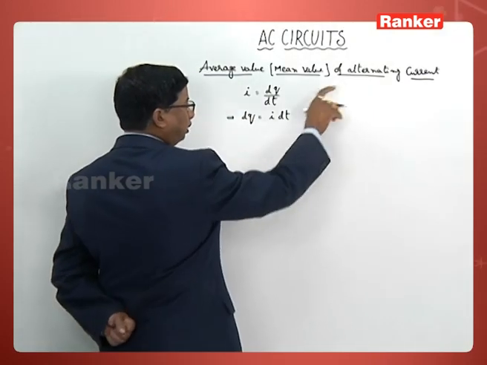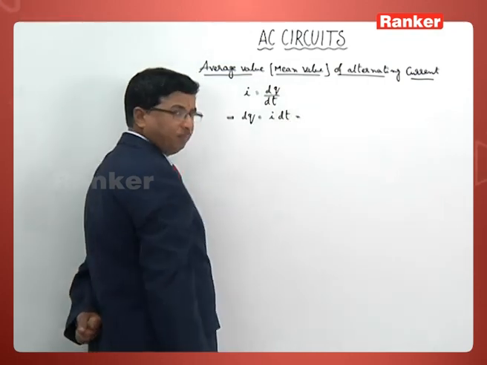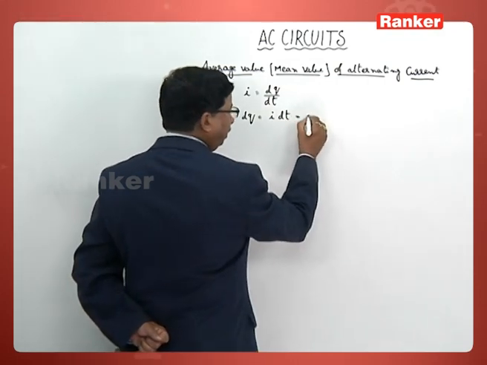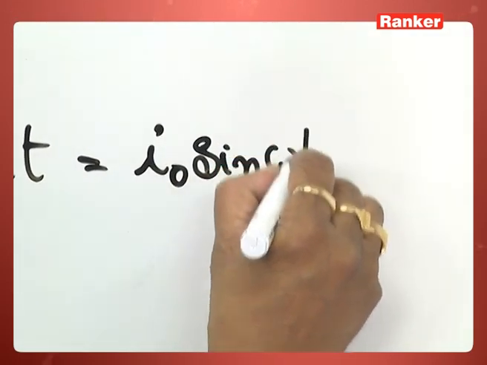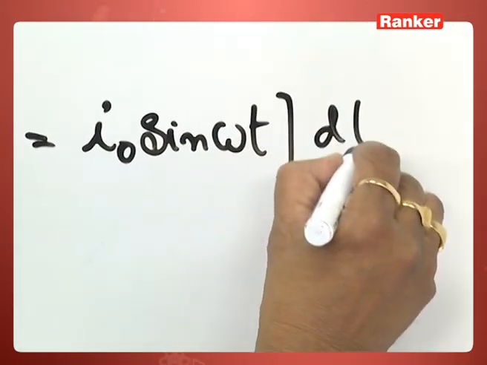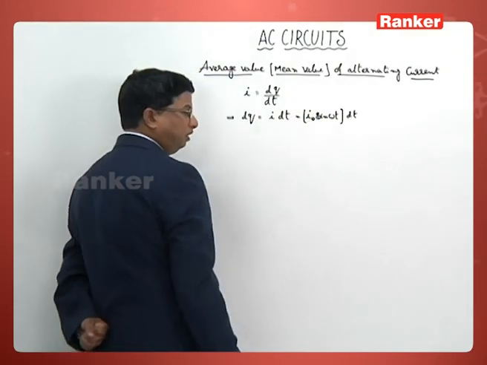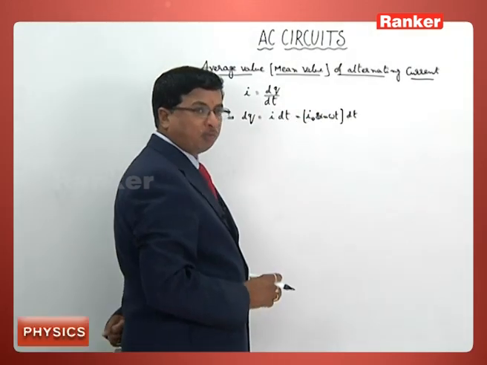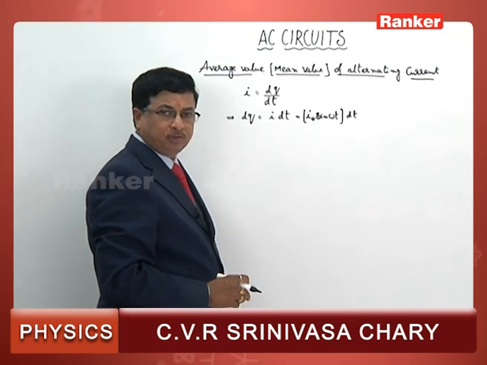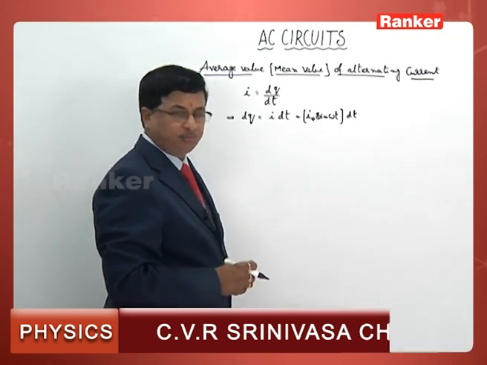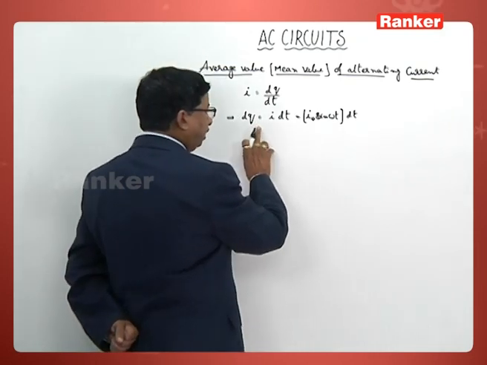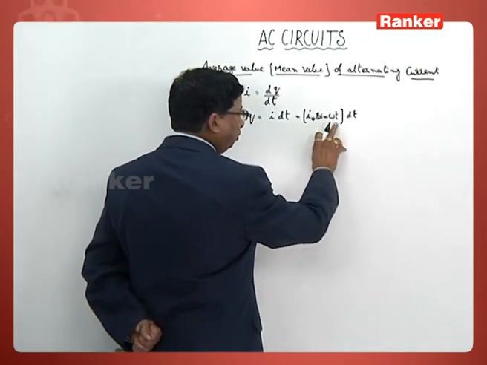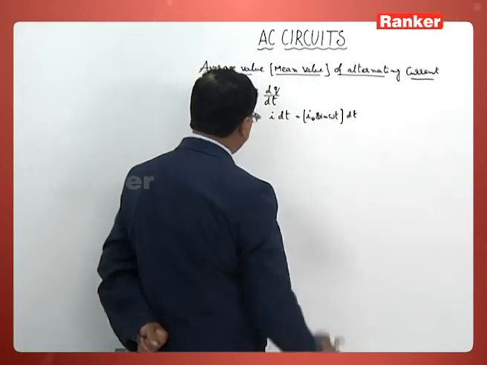But when we are talking of alternating current, this I can be written as I naught sin omega t. That I naught represents the peak value of current, omega t is the phase and sin is the function. So we can say dq is equal to I naught sin omega t into dt.